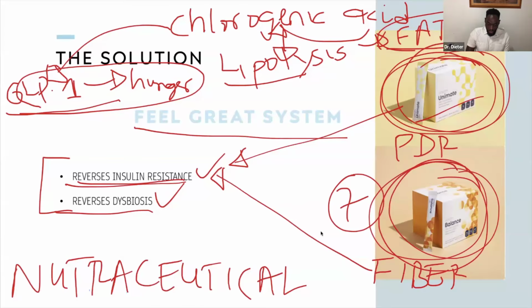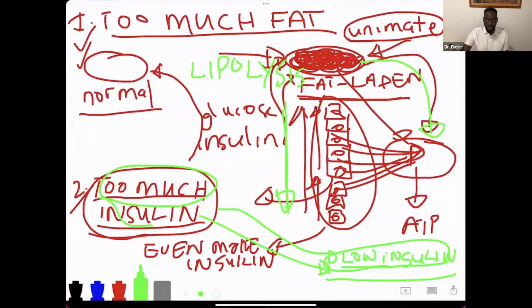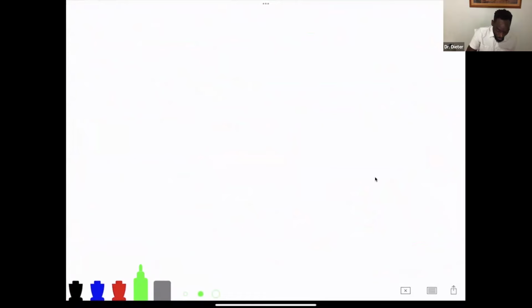Now, the other thing that fiber does in reversing insulin resistance is that fiber helps to decrease your glycemic index. Translation: it reduces your glucose level, your post-meal glucose level. And this is how I describe it. Fiber slows the transit of food through the GI tract.